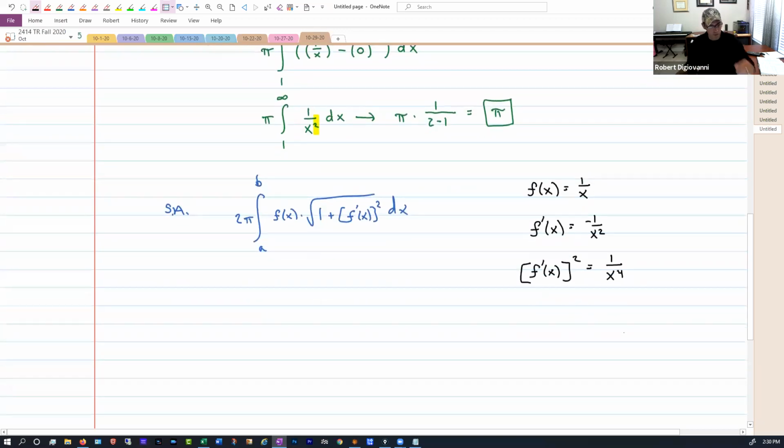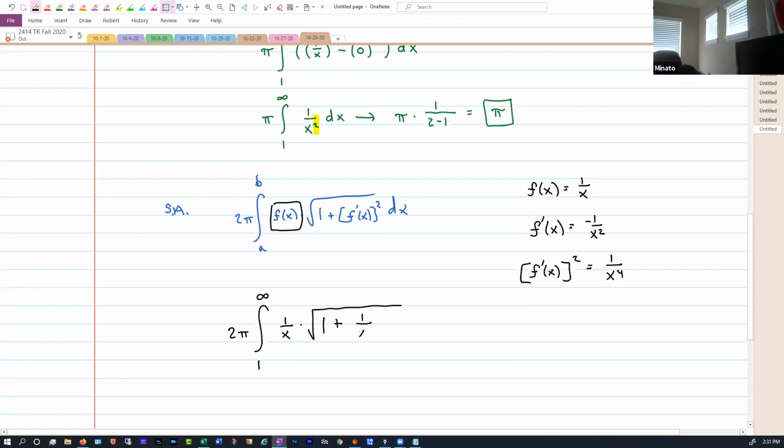So here's where we are. 2 pi integral, going from 1 to infinity. f of x first. f of x is just 1 over x times the square root of 1 plus 1 over x to the 4th, dx.